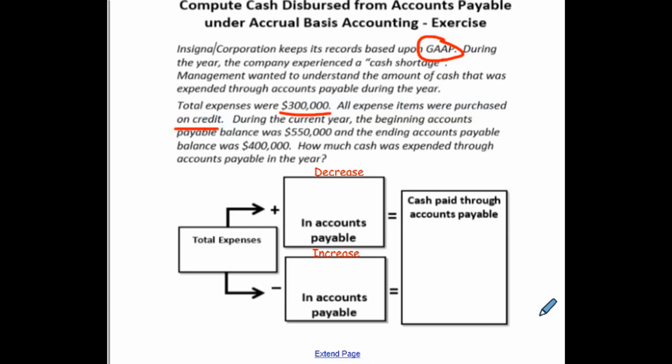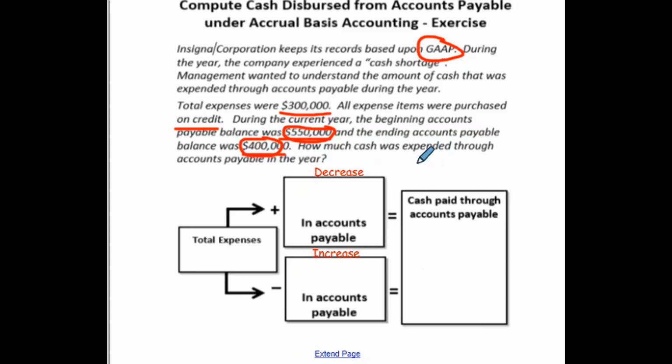During the current year, the beginning accounts payable balance was $550,000, so that's the balance they started out with. And the ending accounts payable balance was $400,000. The question is, how much cash was expended through accounts payable during the year? If we compare the $550,000 to the $400,000, we started out at $550,000 and ended up at $400,000.